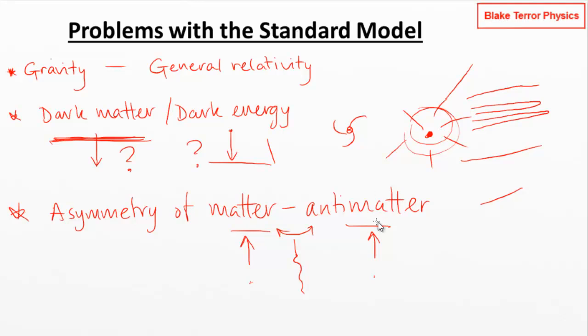Or were there different rules in the very, very early universe and around the Big Bang that meant that more matter than antimatter could be created? Who knows? But again, it's another one of those things that doesn't seem to be explained by the current theories, that we've got this asymmetry.